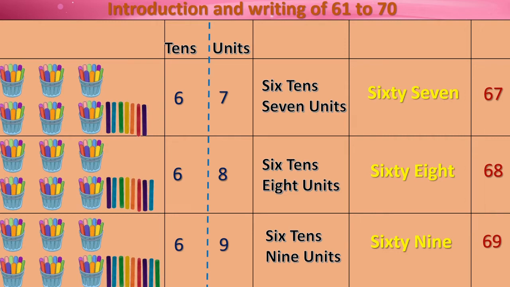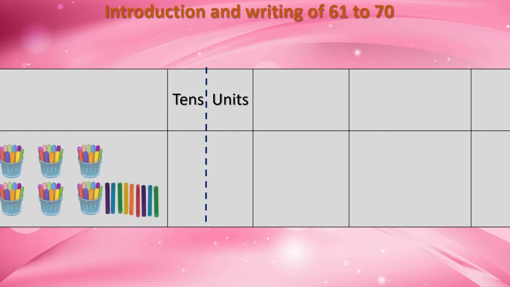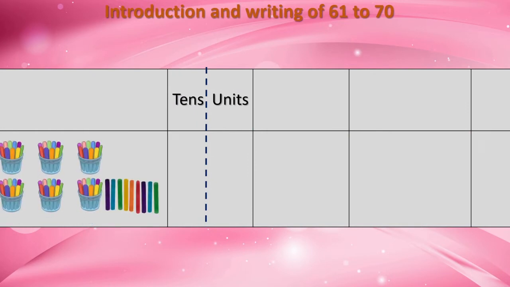Okay. Now next we are going to add one more stick to these 69 sticks. Right? See here. Here it became 10 sticks. 10 singles. Or in other words 10 units. Yeah, you are right. All these 10 sticks, they go and arrange in the basket. So we got one more 10. Am I right?